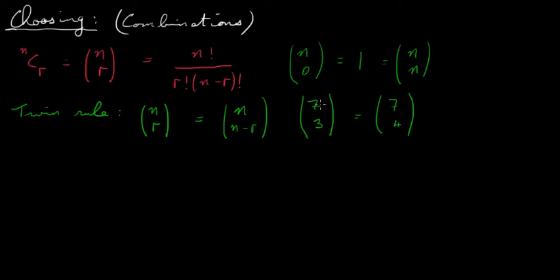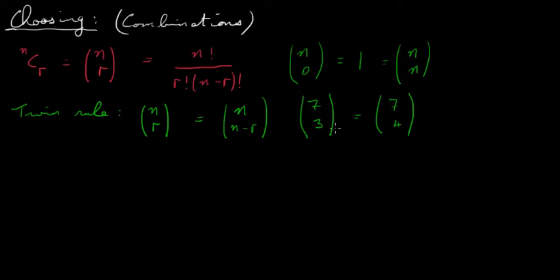You just subtract 3 from 7 and you get 4. So you subtract that number from this number, and that'll give you this number down here. You get the same result if you do these two. So that's called the twin rule. And it'll make some of these calculations easier, if you have to use the formula, if you keep this twin rule in mind.